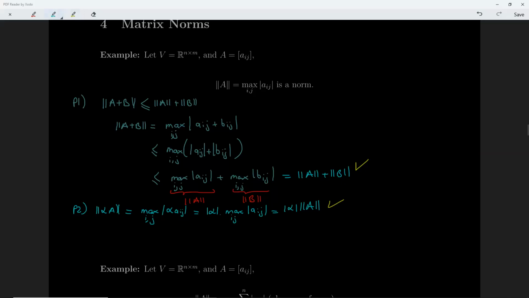And the third property was norm of A being equal to 0 means A is equal to 0. But it was an if and only if condition, right? So we need to show that property in both directions, both in the forward direction and in the reverse direction.